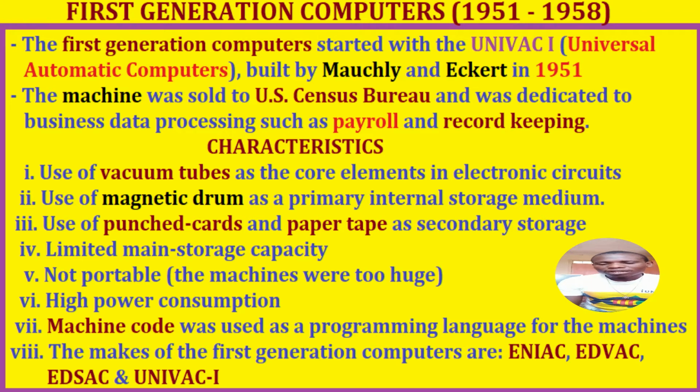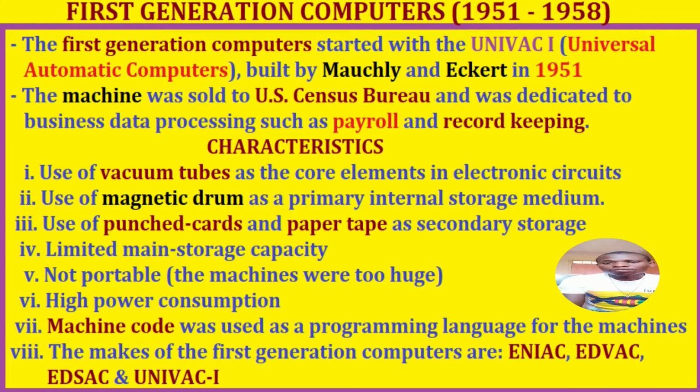UNIVAC 1 is an abbreviation standing for Universal Automatic Computer, built by Mauchly and Eckert in the year 1951. The machine was sold to the US Census Bureau and was dedicated to business data processing, such as payroll and record keeping. Let's look at some of the characteristics of the first generation computers, and they are as follows.